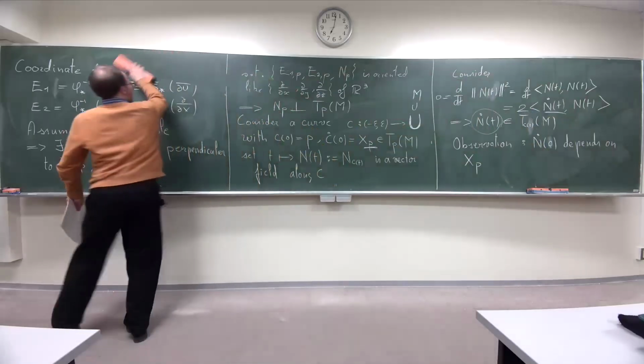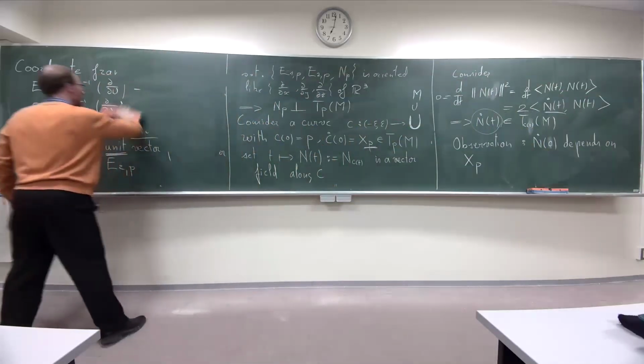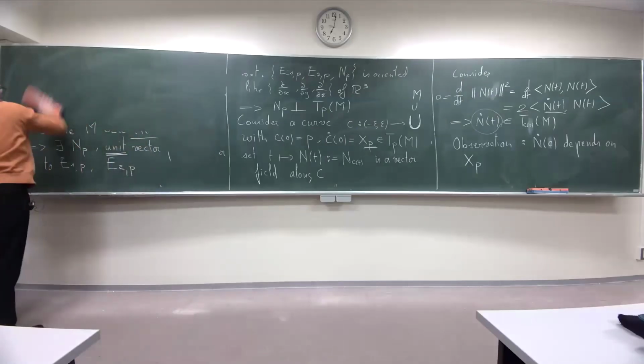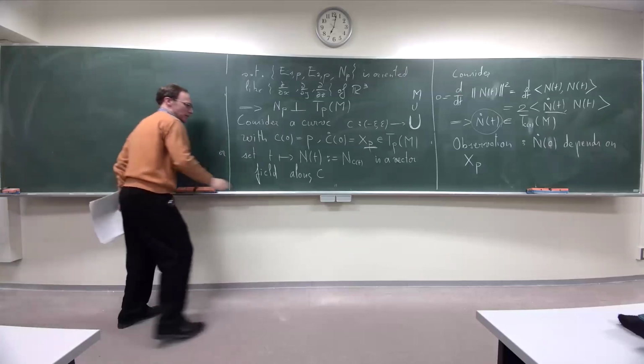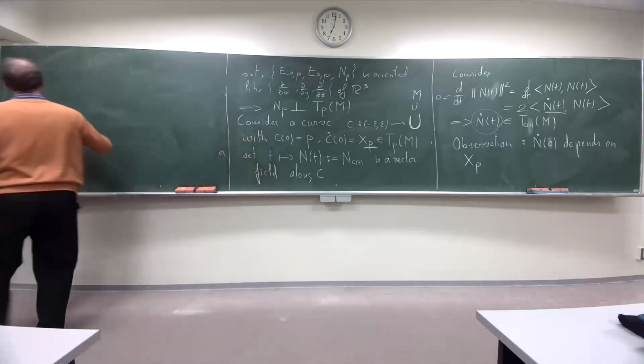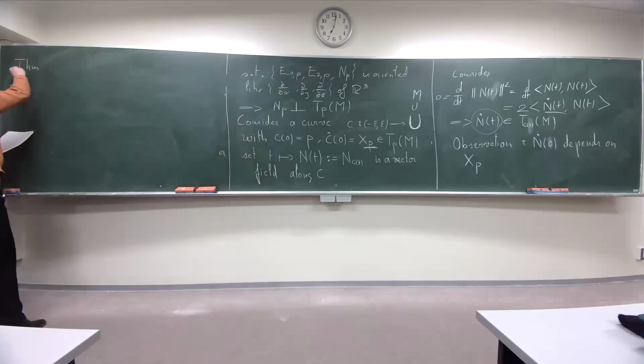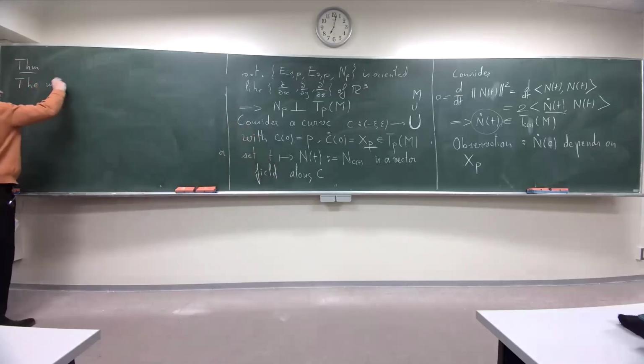Okay, so we are in this framework. We consider vectors which are perpendicular to the surface. We take a derivative along this curve. And now there is a theorem which is not so difficult. So I'm in this framework, and I consider the following map, or the following function.